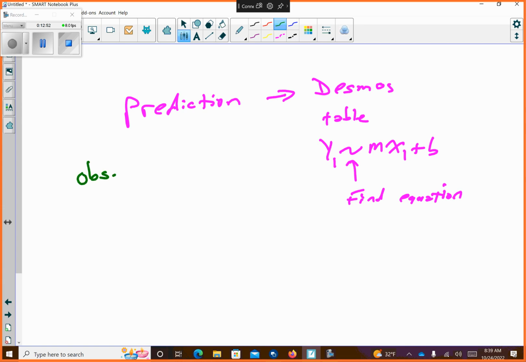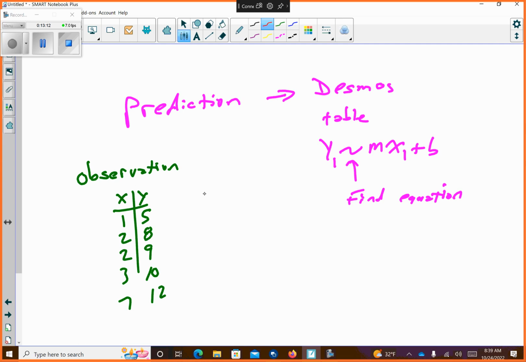The observation would be let's say you're looking at some T table, and we have 1, 2, 2, 3, 7, and then we have 5, 8, 9, 10, and 12. So let's say we wanted to do an observation. What happens at 2, or what happens at 3? And the answer would be, well, 10 happens there. Okay?